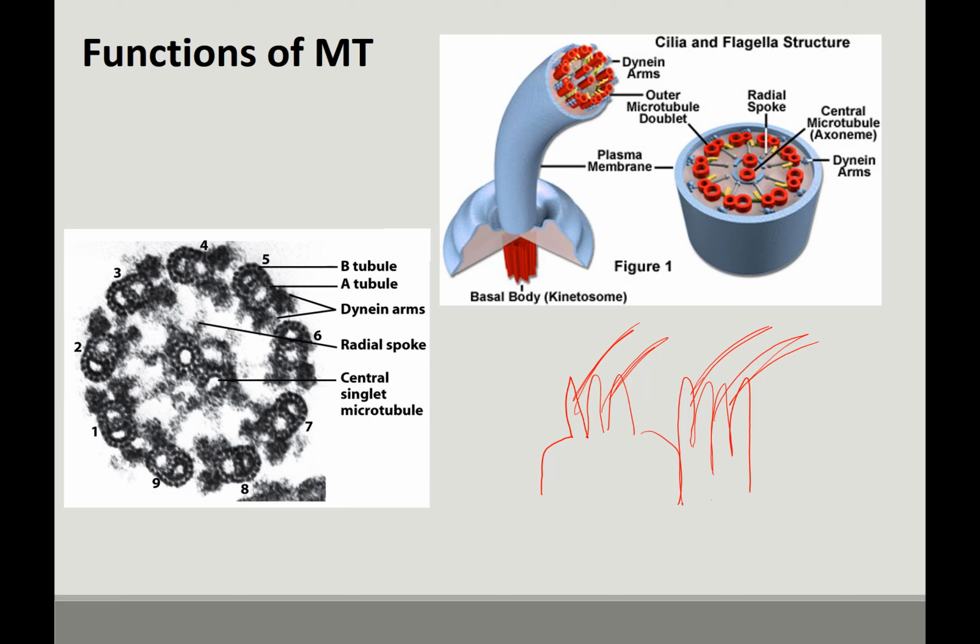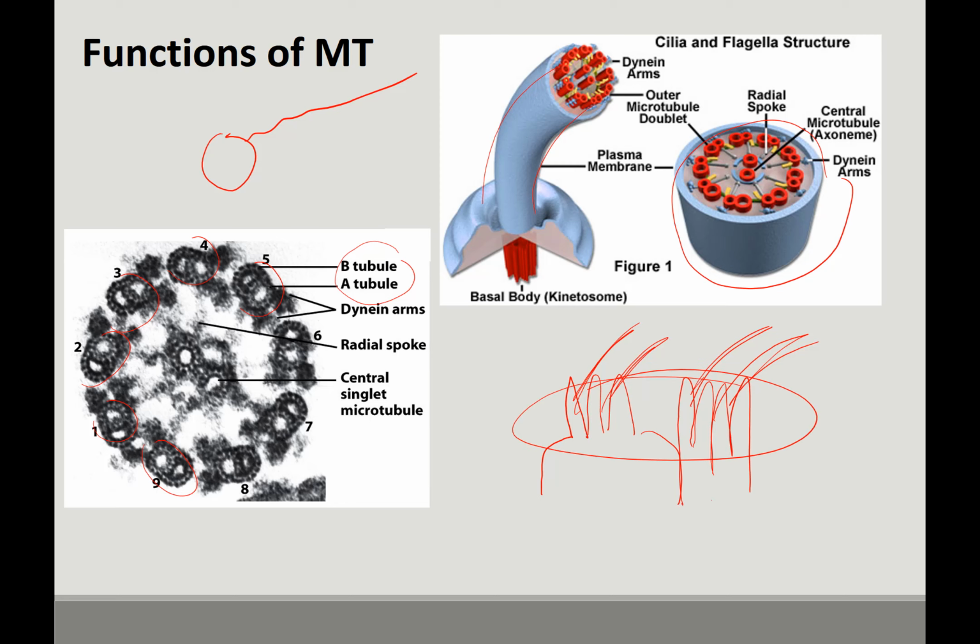So cilia are these long microtubule projections. They come from a basal body, and they have, you can see, these unique duplet groups of two microtubules together. Flagella, you know, from a sperm, right? So it helps the cell move through its environment.